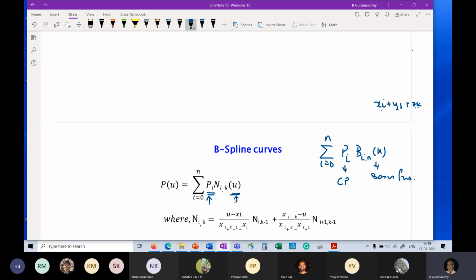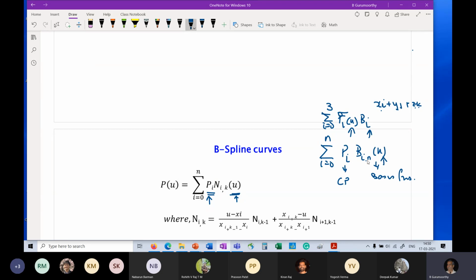Okay, so that's the first point that you should keep in mind, that the form hasn't changed across the Bezier curve or even the parametric cubic curve. The form is the same. I have some geometric inputs and some basis functions which are polynomials in u.